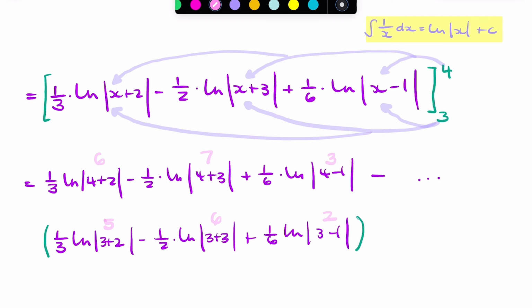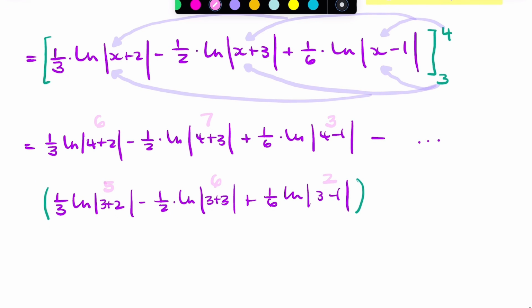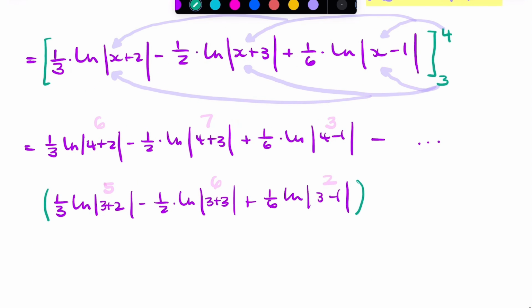Now, unless they ask for exact solutions, for a question like this, you can just put it in your calculator. So I'll put it in to mine and see what I get.